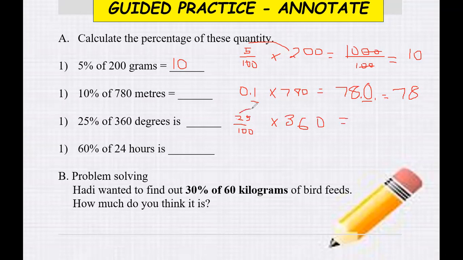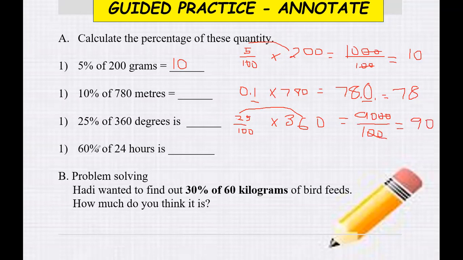So you will multiply 25 times 360, or you can say 25 times 36. What's your answer? 900. And we have 1 zero, so 9,000 over 100. So I have 2 zeros, I'll cancel 2 zeros, so the answer is 90.